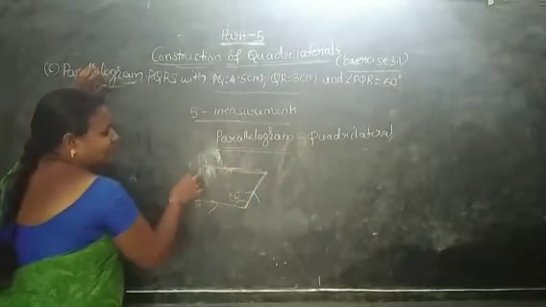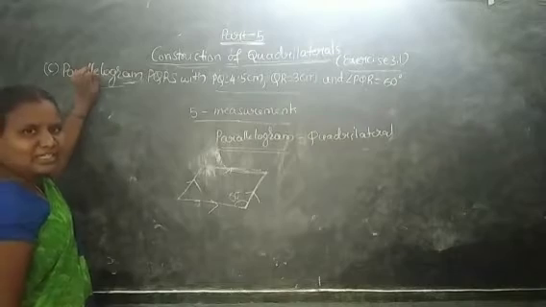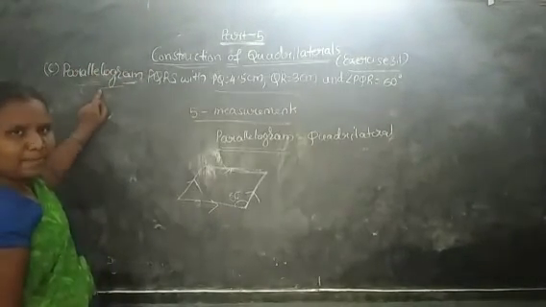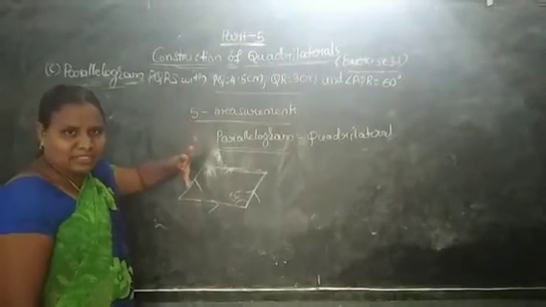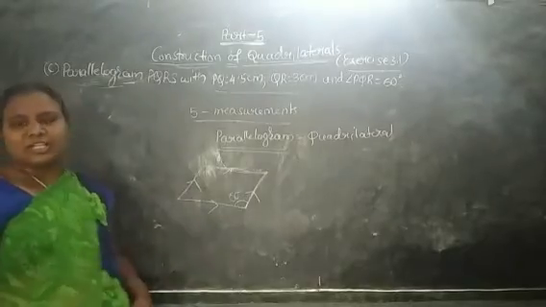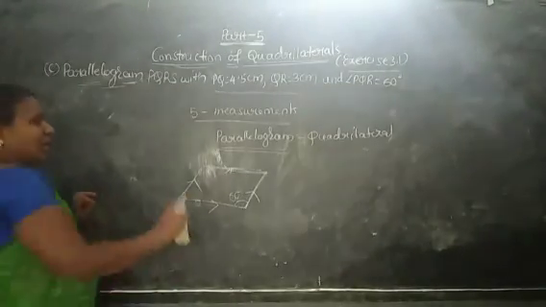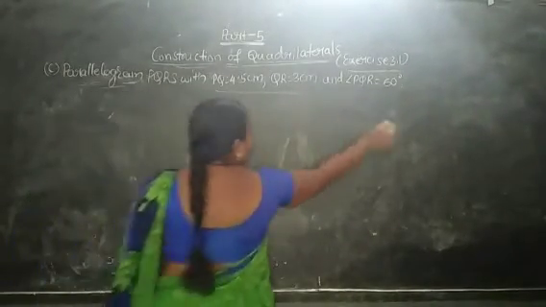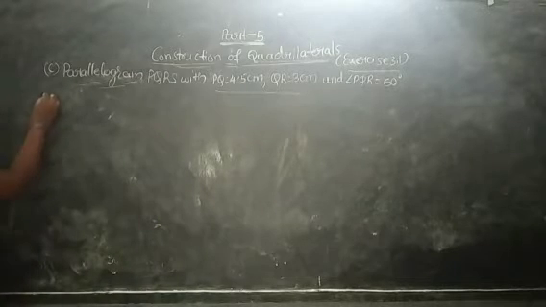So we can write the remaining 2 sides also. Is it clear? Given is a parallelogram, but we need to construct with 5 measurements. So by using this property we can construct the parallelogram.